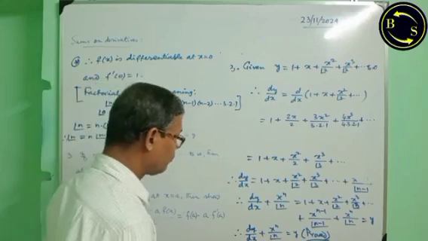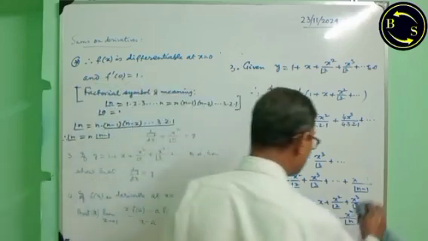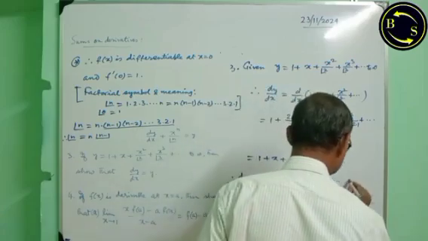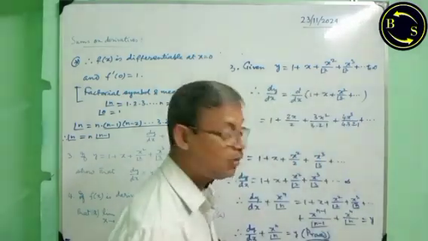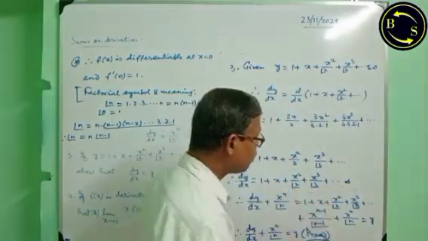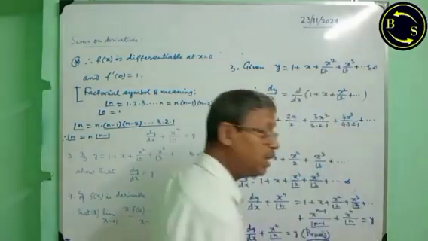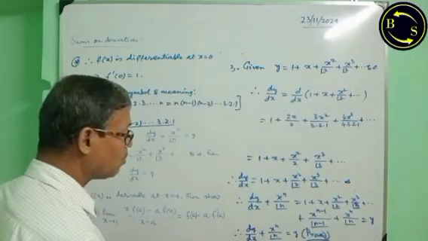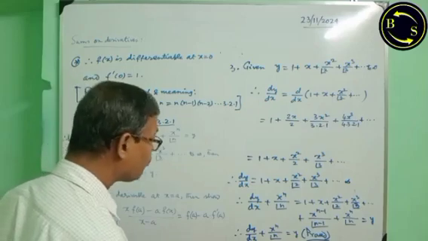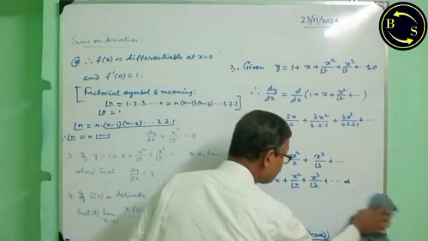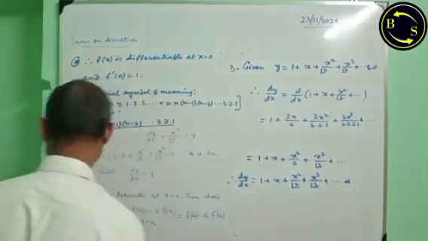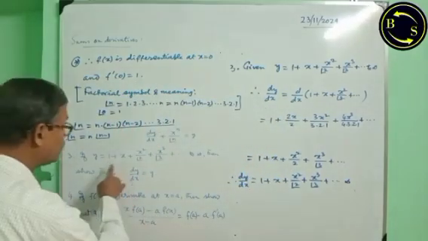Therefore, finally dy/dx will be to infinity. If we don't mention this symbol to infinity, the meaning is the same. Therefore, dy/dx, what we get? This one.